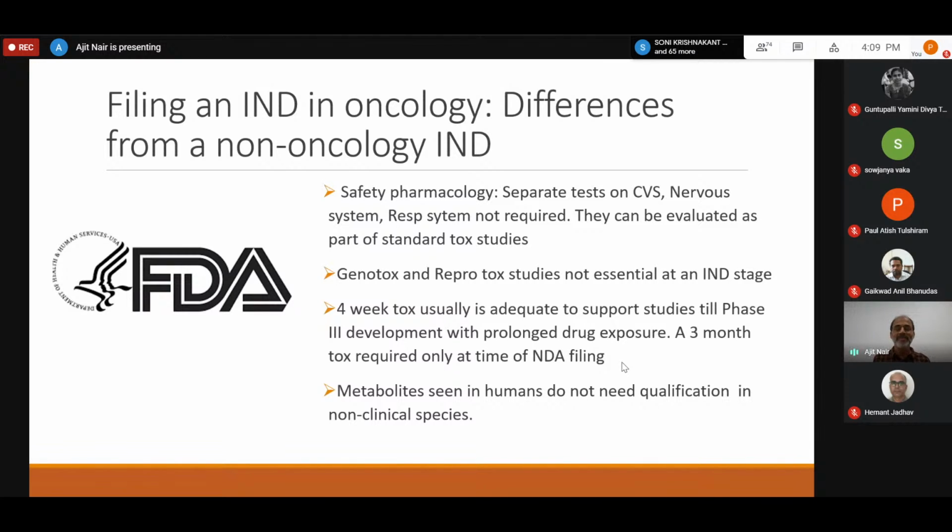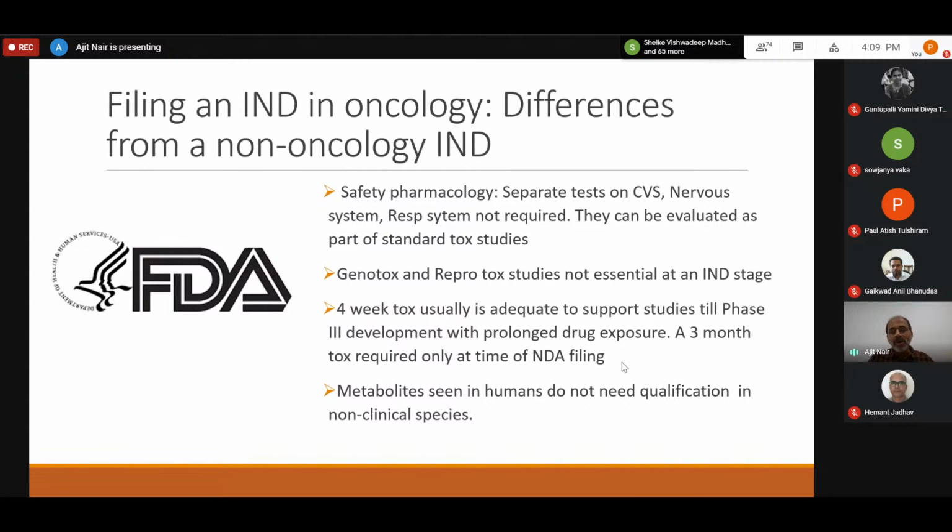Now, the question which will come in is why are these things being waived off for oncology? I mean, why for non-oncology are all these things required, whereas for oncology they are not? Remember, oncology is a complex disease. Oncology is a difficult to treat disease, and the overall survival in oncology is pretty low, right? So for oncology as a special indication, any regulator will waive off some things because these things take time.